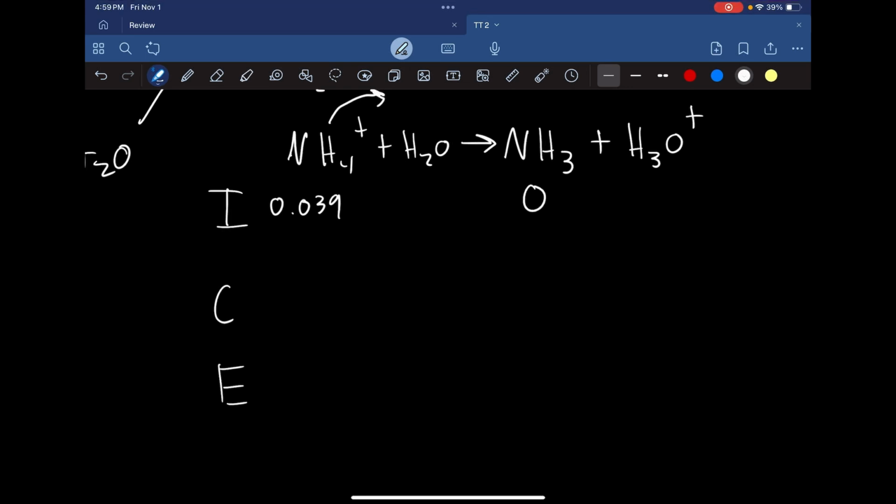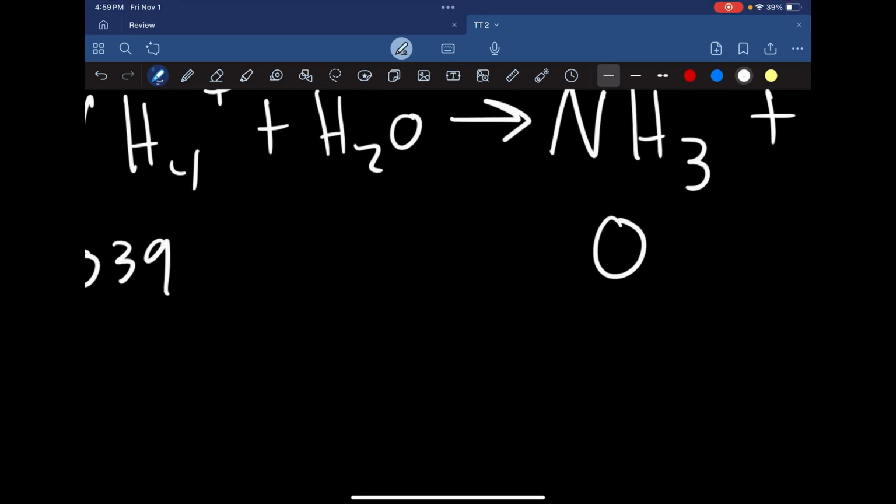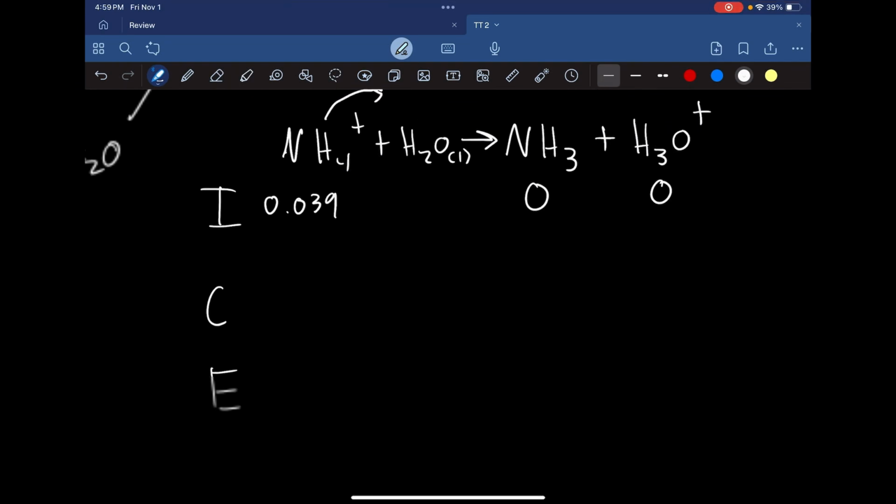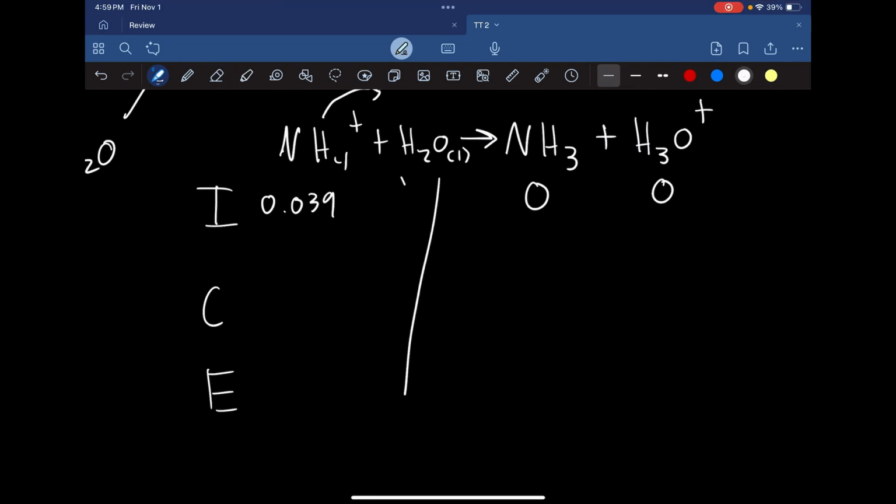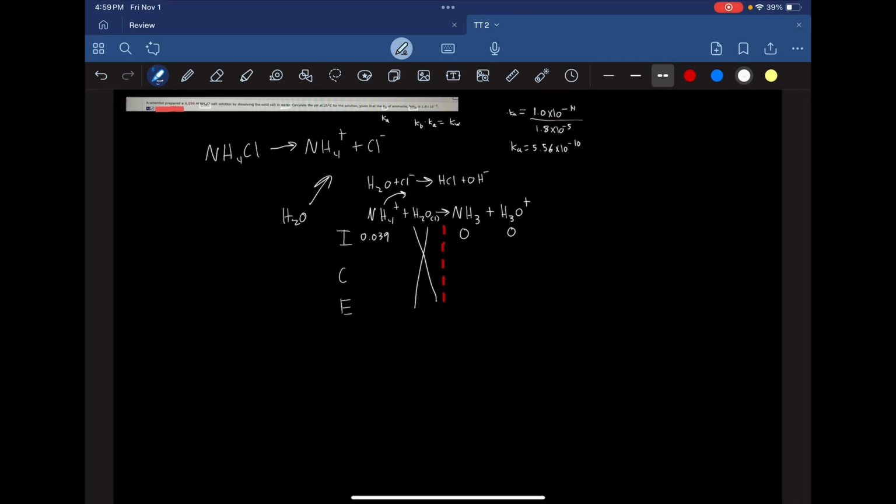So this will be 0, this will be 0. Remember, water is liquid, therefore we exclude this. I like to usually draw dotted lines right here to remind myself of the difference between the products and the reactants.